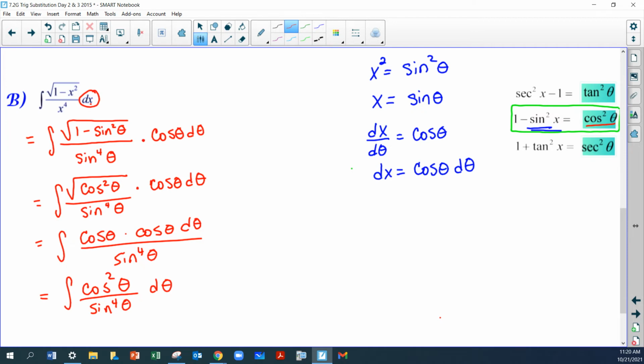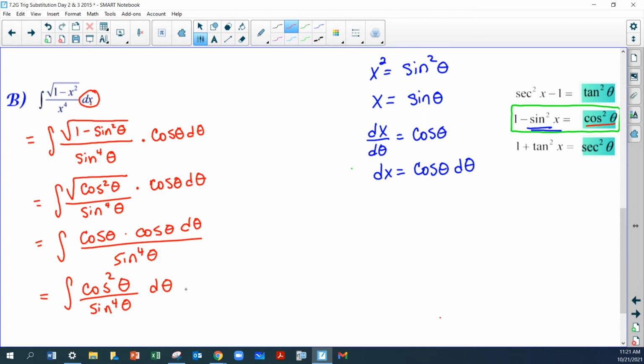Some of that trig substitution that we did earlier kind of comes to mind for me. And what would I want? If I would have had just a cosine, that would have been fabulous, because then I could have let u equal sine, and its derivative would be cosine theta d theta. But we got a cosine squared.